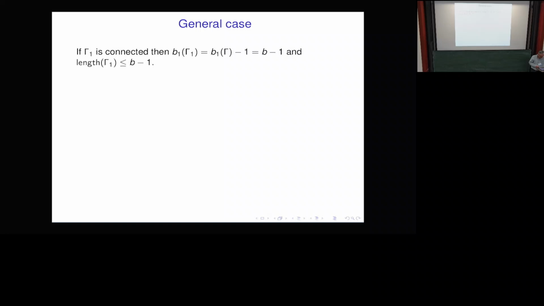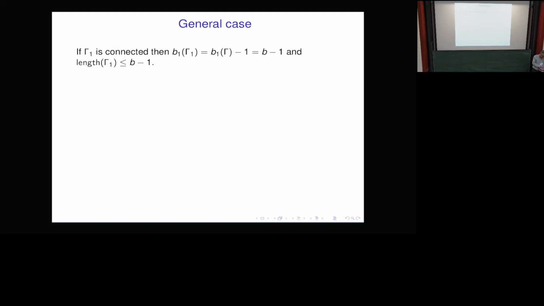So if gamma 1 is connected after I take out this edge, since the graph stayed connected, I can still find a maximal tree there, and I have one less edge outside the maximal tree, so the Betti number dropped by 1, and the length dropped by more than 1 because my edge was longer than 1.